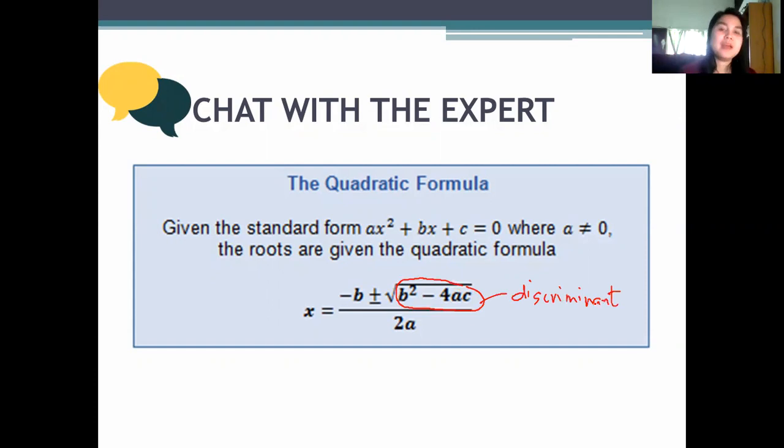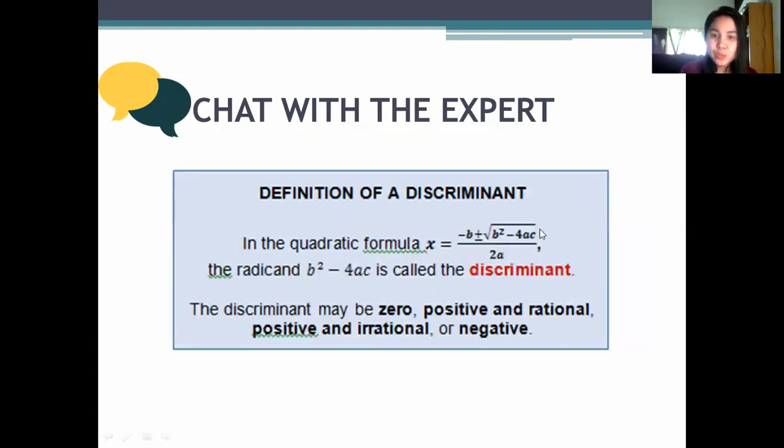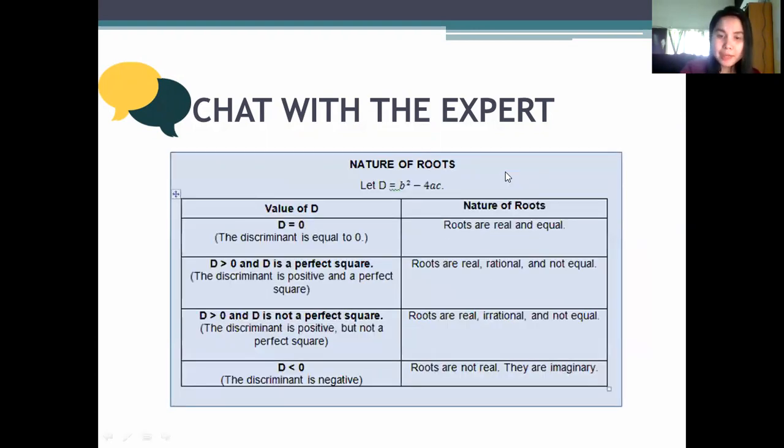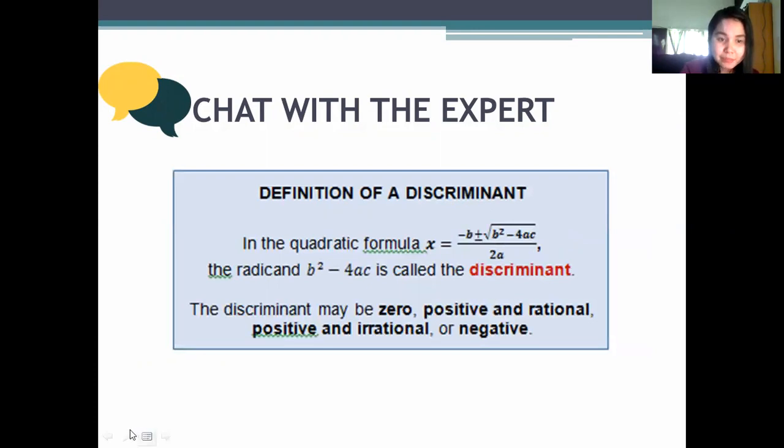You might ask me, ma'am, what is a discriminant? A discriminant, I told you, it's the b squared minus 4ac. What's the role of the discriminant?